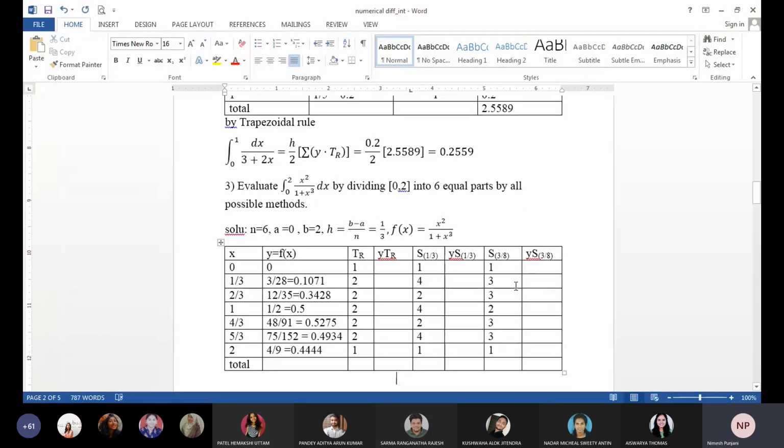Now you complete the table, find out what is YTR, Y by 1/3, Y by 3/8 and their total, just like we did in the previous case. Okay, tell me the total, then I will tell you what is to be done. Simultaneously I will also write down the values.